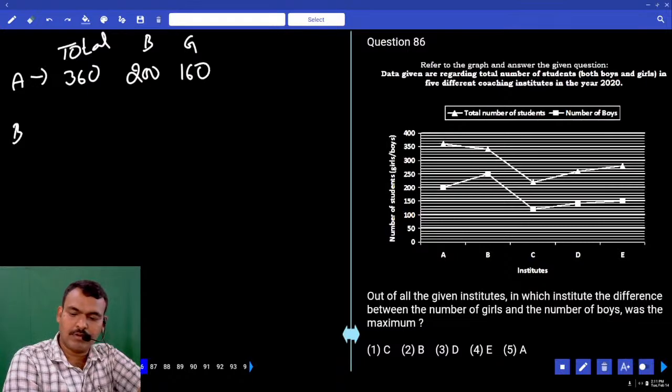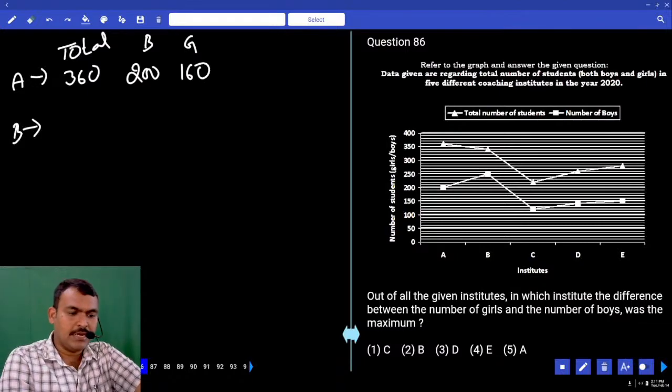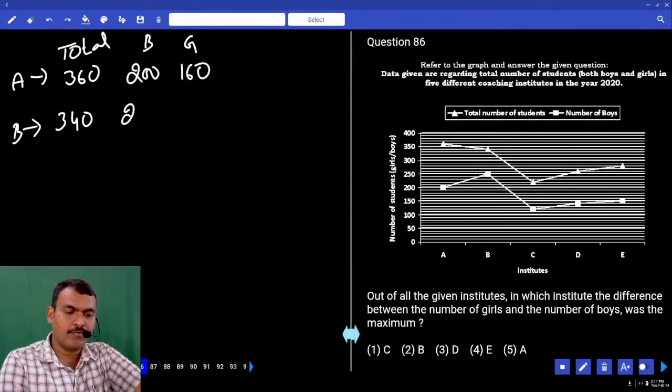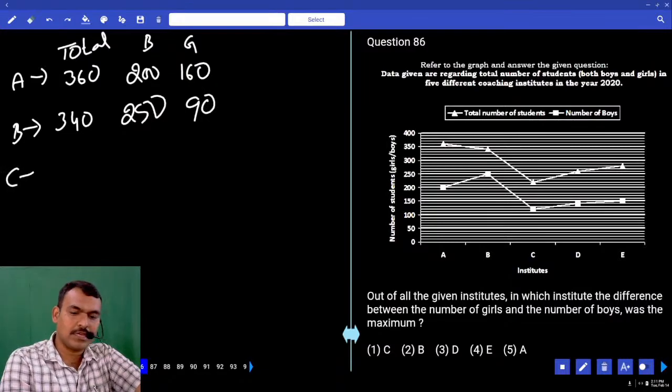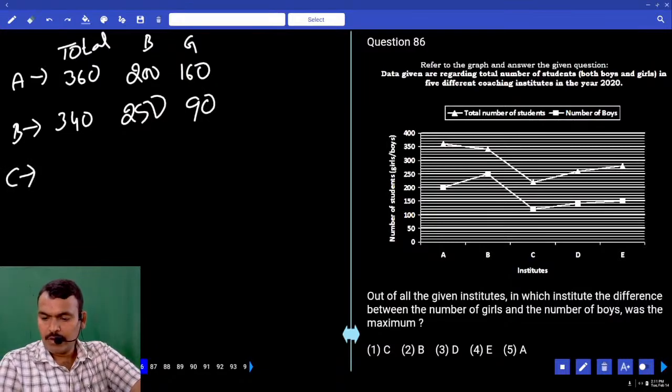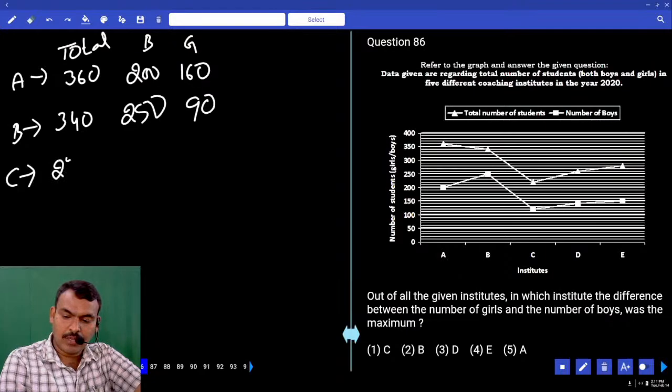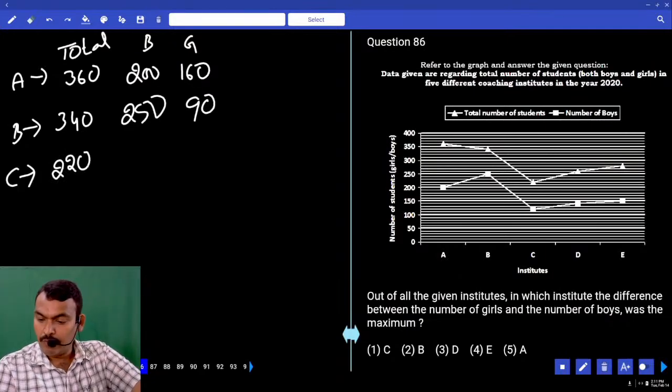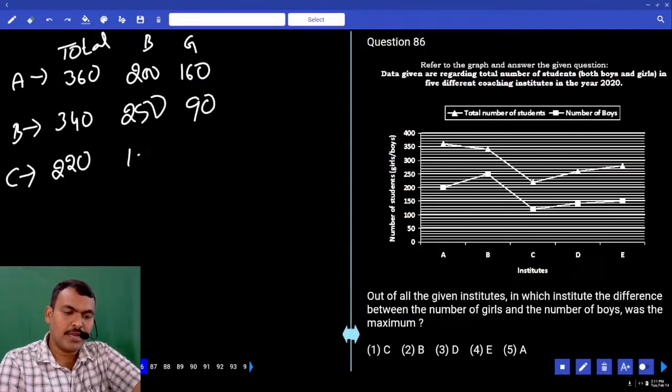Next, Institute B, what are the total students? 340. In that, boys 250. Remaining 90 are girls. Institute C, total how many students? 220. What is the number of boys? 120. Remaining 100 are girls, or not.